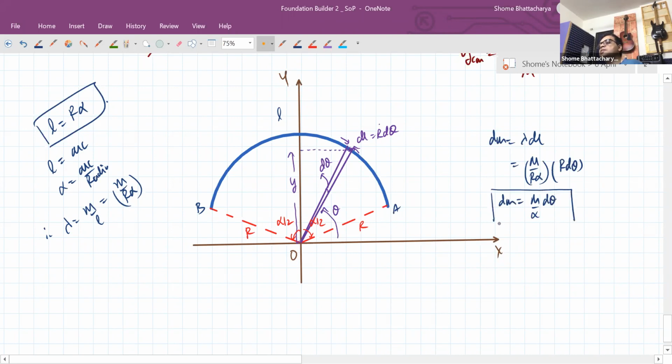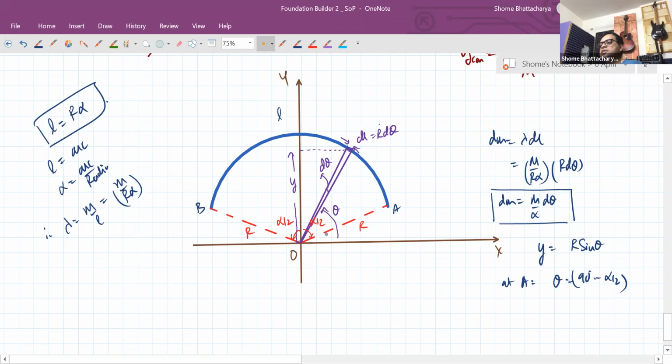Okay. So dm is this, whereas the y coordinate of that point is as usual r sine theta, as you can see in the diagram. But also at the point A, you can see what is the value of theta. That is a little bit complicated. It is 90 minus alpha by 2, because this angle with the y-axis is alpha by 2.